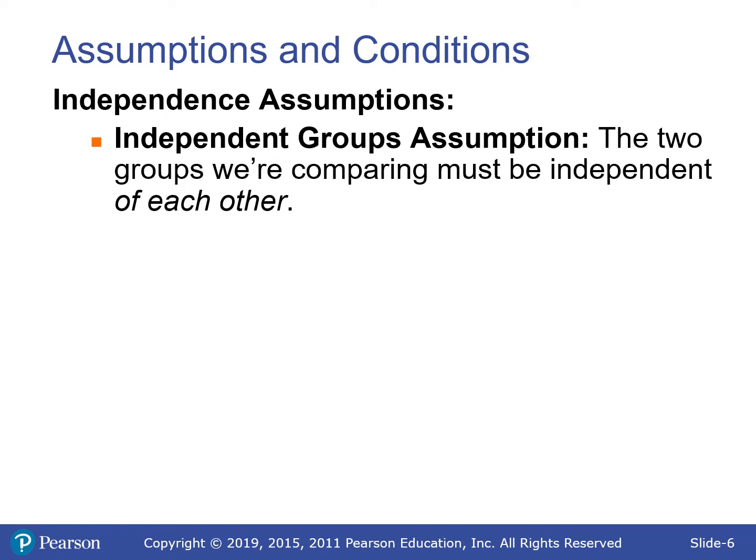The samples that we take from them have to be independent as well. We need simple random samples from each group. For instance, if we were to compare the political leanings or something of men and women, and to see if they're different.